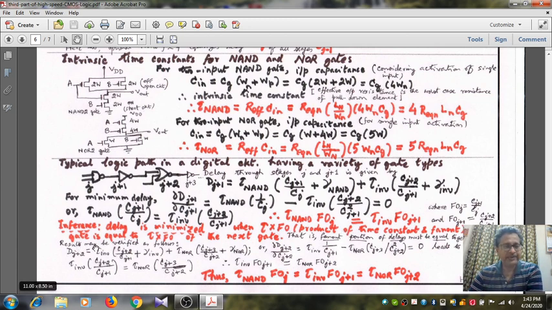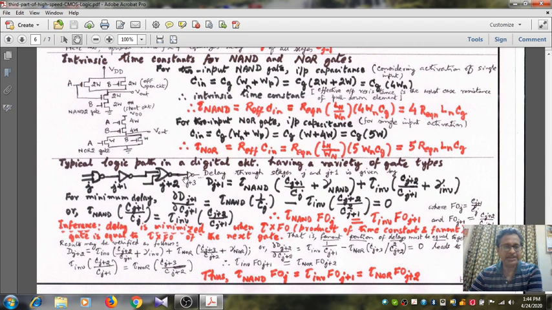You can even verify the result as follows. Take the next stage, that means inverter followed by a NOR gate, then Dj plus 2 equals tau of inverter into Cj plus 2 upon Cj plus 1 plus gamma of inverter. When the signal crosses the inverter, then it encounters the NOR gate. So here it becomes the second stage delay, tau of NOR multiplied by Cj plus 3 by Cj plus 2 plus gamma of NOR.